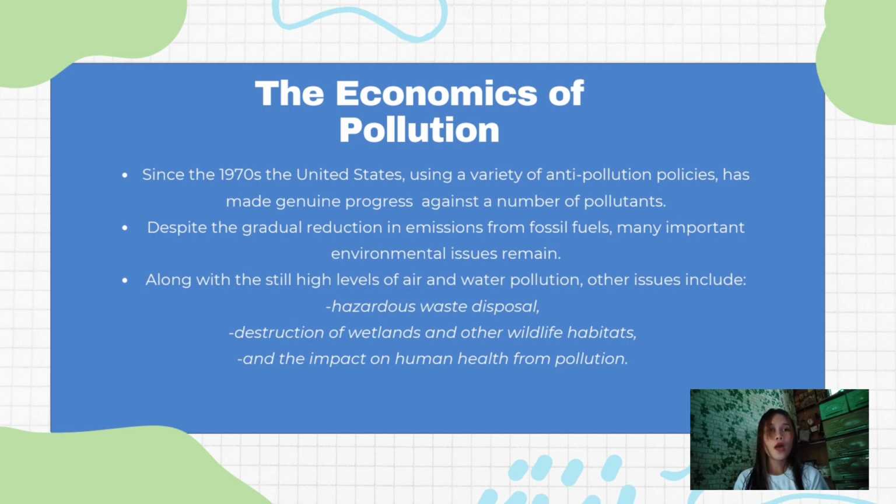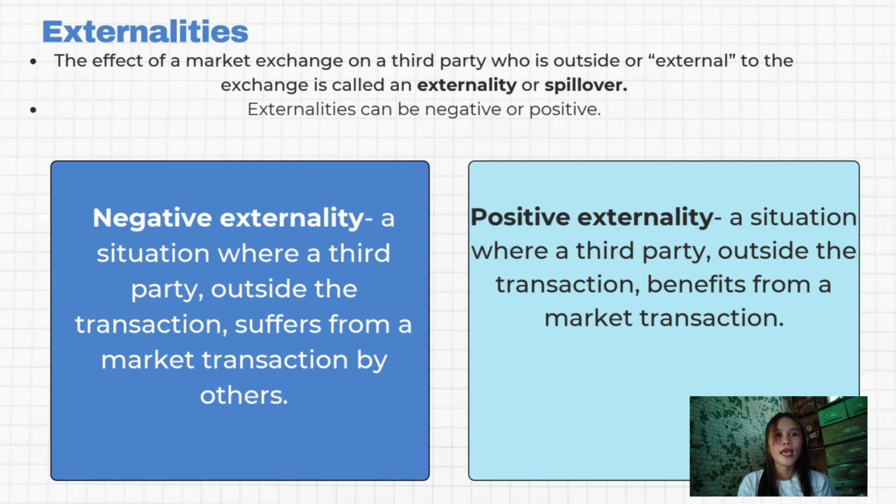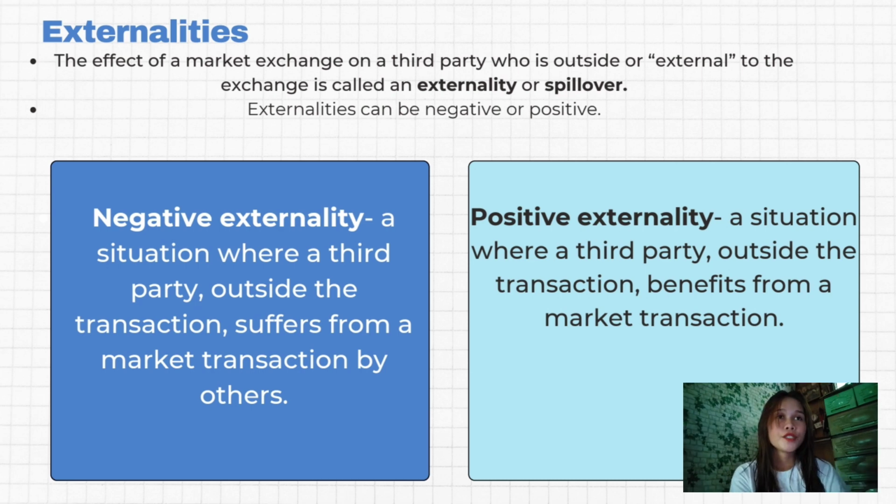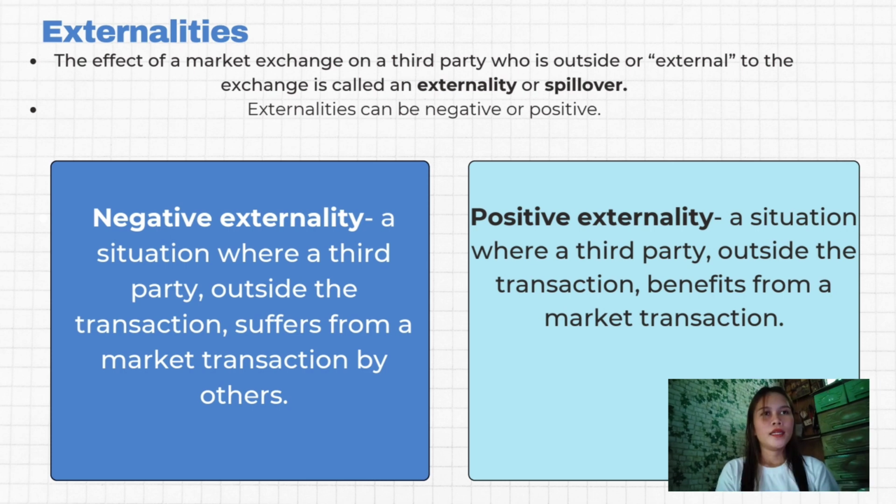So there's two things that we talk about. Externalities are things that a third party either benefits or suffers from, and externalities can be negative or positive. A negative externality is a situation where a third party outside the transaction suffers from the transaction by others.